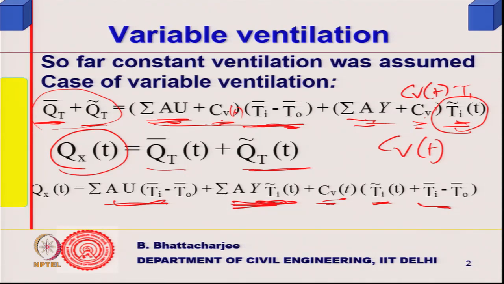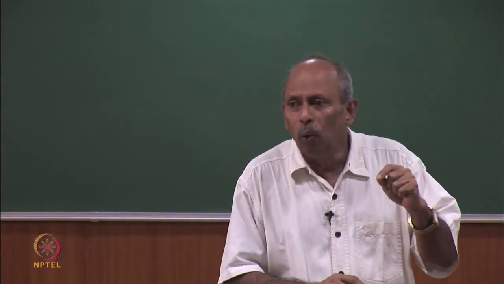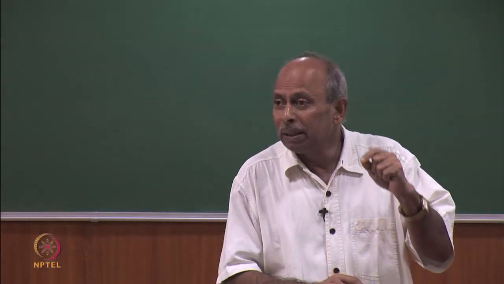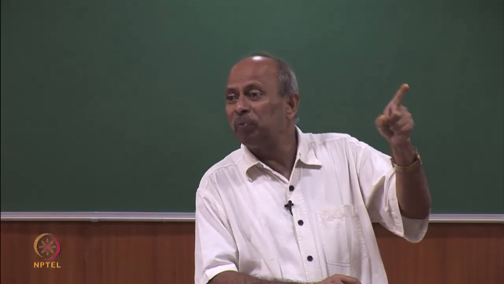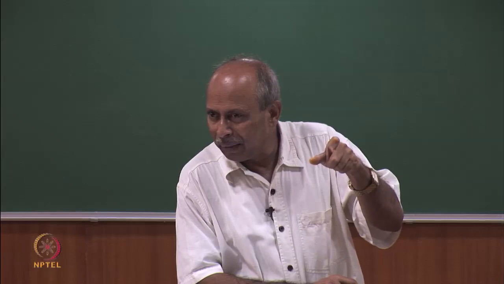So, if I write like this, what is this? This is nothing but what I call delta T bar. That is the temperature difference between inside and outside mean. So, this is also an unknown, because earlier my CV was constant and therefore I was able to find out an inside mean, but now CV is a function of time.